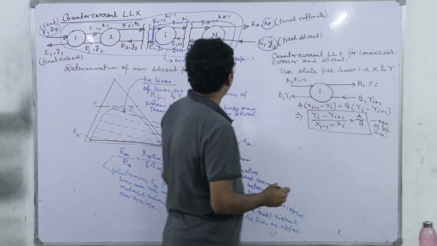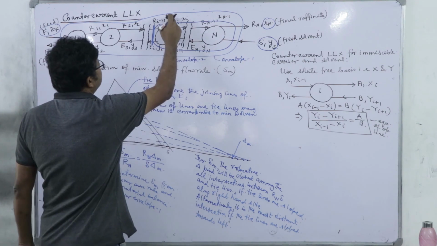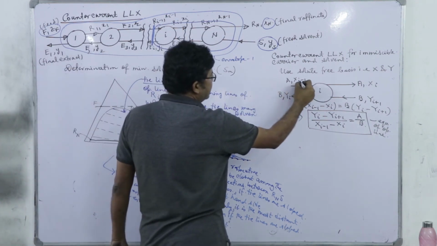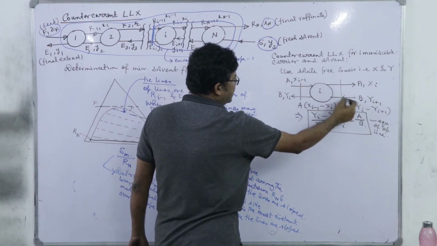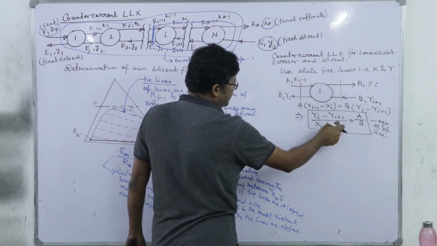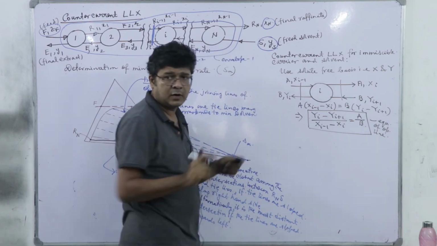Why? Because operating line means here x i minus 1 is related to y i and x i is related to y i plus 1, right. The 2 points on the operating lines.